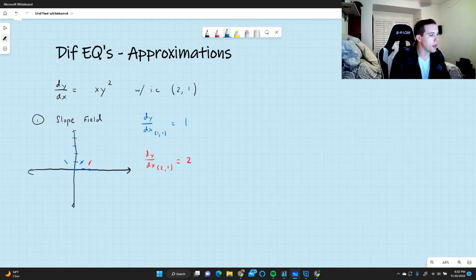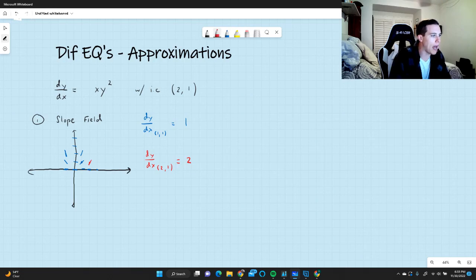If I plugged in (-1, 0), that would give me a slope of 0. If I plugged in (-1, 2), that would give me a slope of negative 1 times 4, which is negative 4, which is very steep but negative. So that's the idea. This would be a very positive slope. So you just have to go through and sketch the pieces of the curve based on the slope.